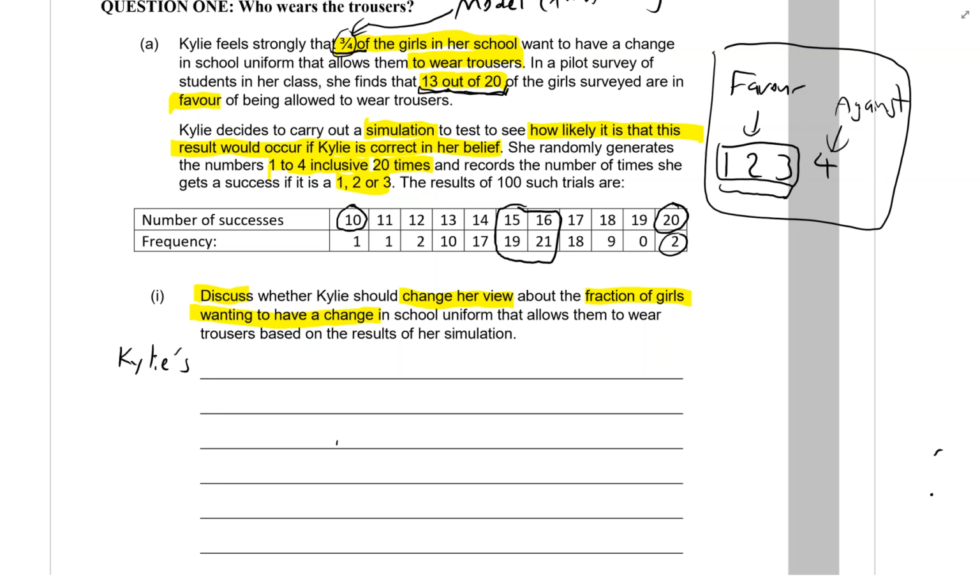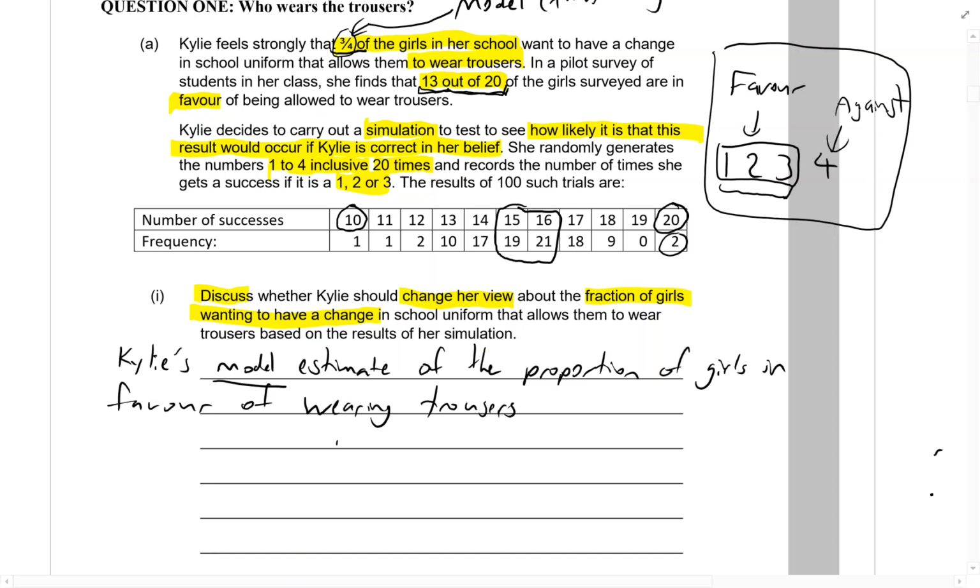So Kylie's model estimate of the proportion of girls in favour of the change to trousers is 3/4. So how many would she expect on average out of 20 to be in favour if this was true? What's 3/4 of 20? So 15, isn't it? So based on this, Kylie would expect 15 out of every 20 girls to be in favour of the trousers.